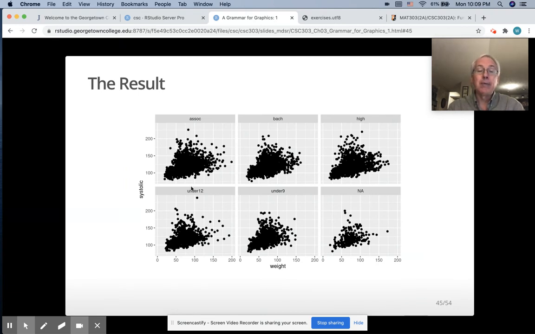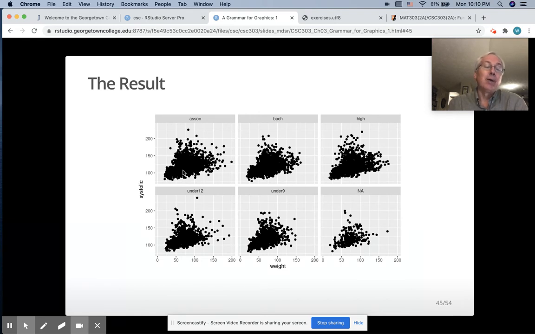And so we see we have these 6 plots based on the 6 possible values of EDU, NA being a value. And what we see is that we have the same type of relationship in all cases. So education didn't seem to have any impact on the relationship between weight and systolic blood pressure.